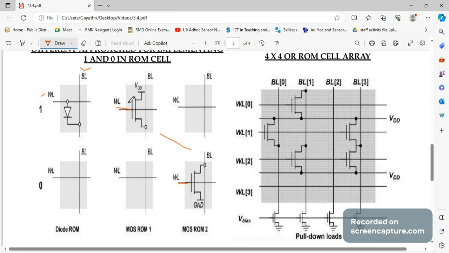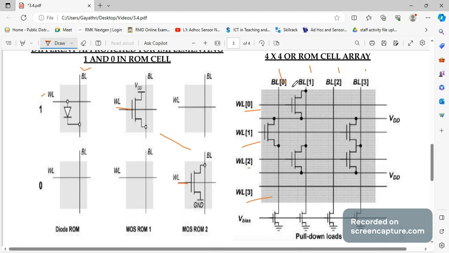Let us take a 4 cross 4 OR operation. How can our implementation be done? If I am having a 4 cross 4, I have to draw 4 vertical bit lines, similarly 4 horizontal word lines, WL0 to WL3.